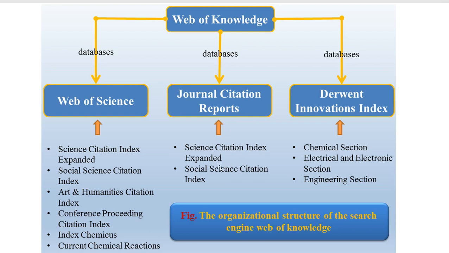Based on this evolution process, there is science citation indexing expanded and social science citation indexing. Later, the database was divided into innovation index, based on engineering section, electrical engineering section, chemical section, or any other field of section. They want to categorize, segregate and classify their work into various factors.